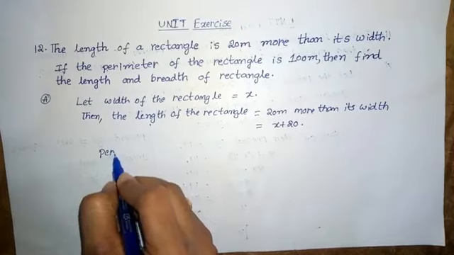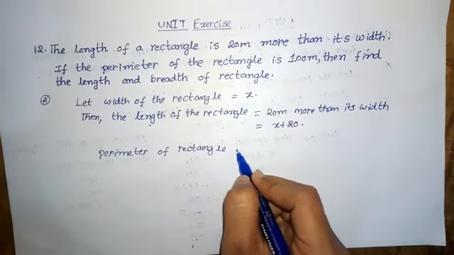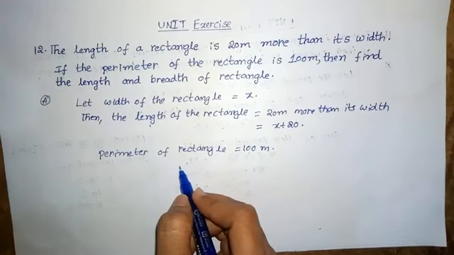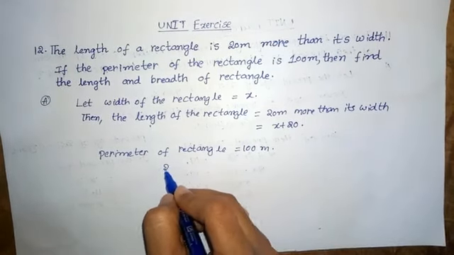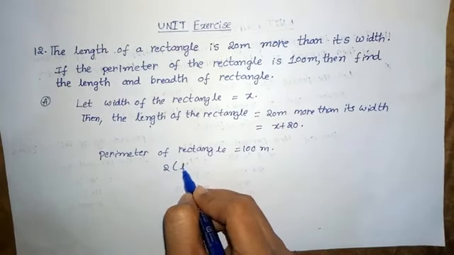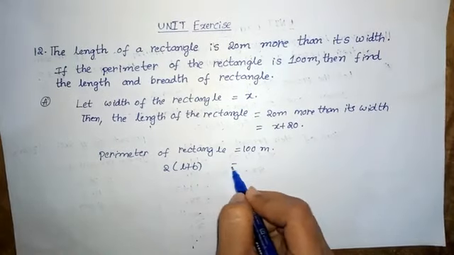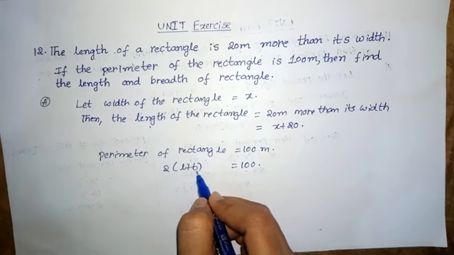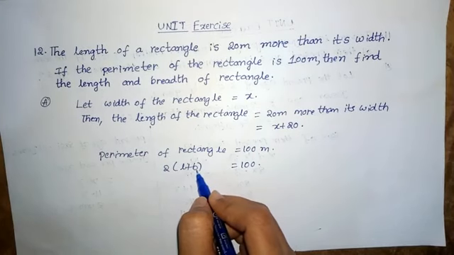So the perimeter of the rectangle is equal to 100 meters. The perimeter formula is 2 into (L plus B) equal to 100. Here L is nothing but the length and B is nothing but the width of the rectangle.